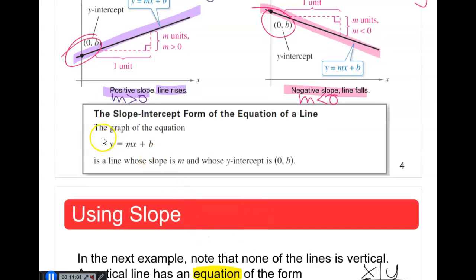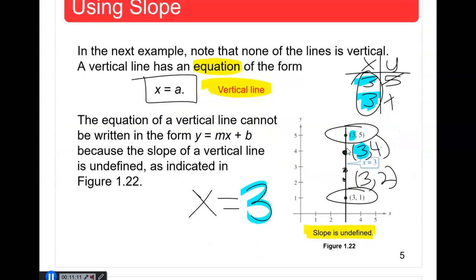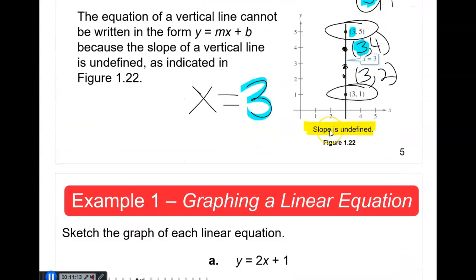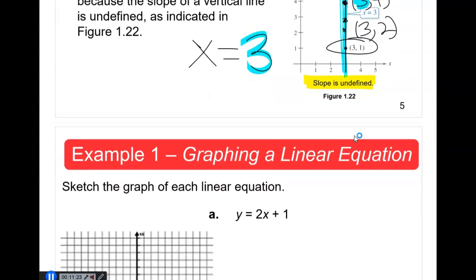So m greater than 0 means the slope is positive. m less than 0 means the slope is negative. Whenever you see a vertical line, that is because the slope is undefined. Not equal to 0, that will be a horizontal line.